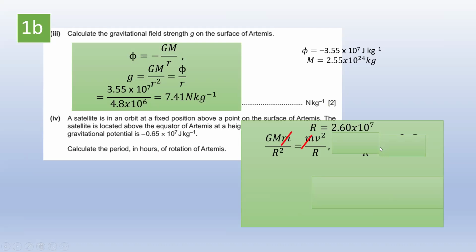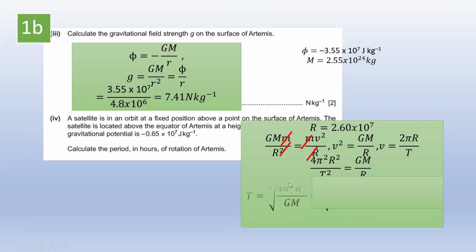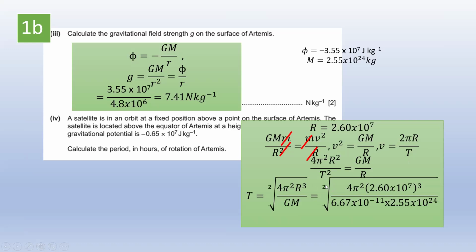Then cancel the M, cancel the R. Then you get v squared is GM over R. Then change this to period, replacing v by 2 pi R over T. So subject T, you get that one there. Put in your value and calculate out. Okay, change it to hours. Okay or not? Anything not clear? Okay, good.